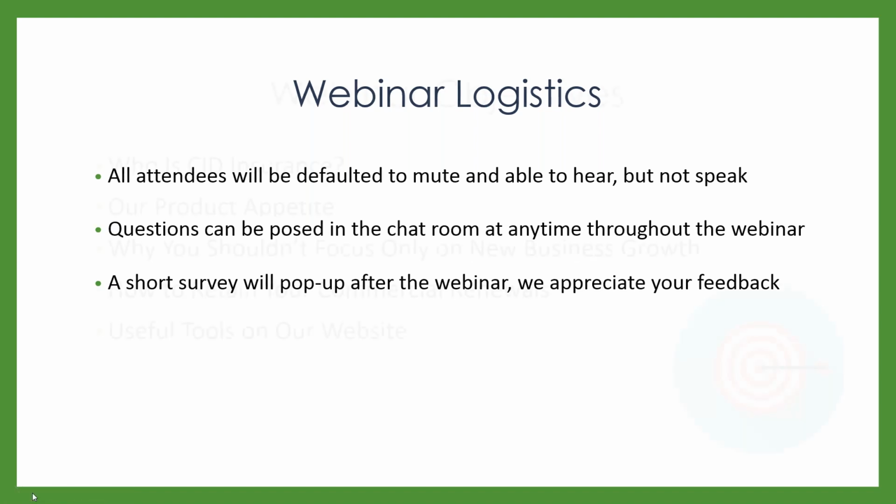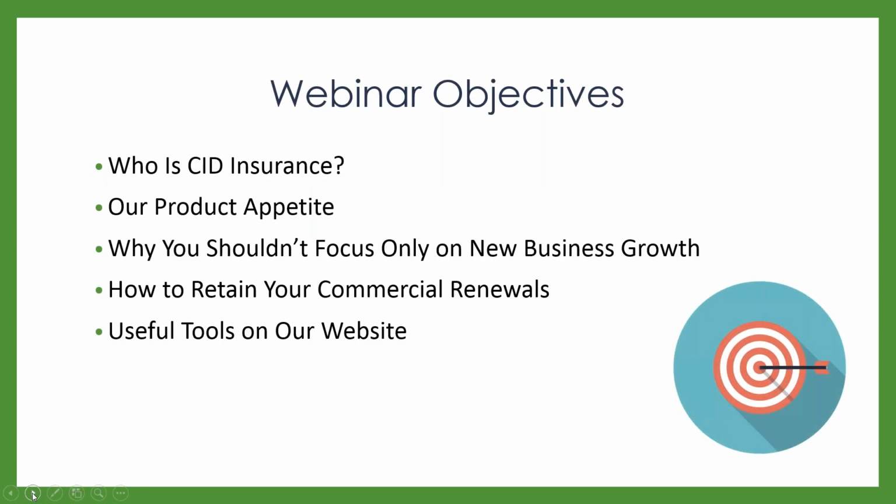So let's talk about our objectives for this webinar. I'm going to tell you a little bit about who we are and how we work, what's our product appetite, and then I'm going to go into talking a little bit about how to grow. I want to talk about how you grow your book of business with us and how we can help you.